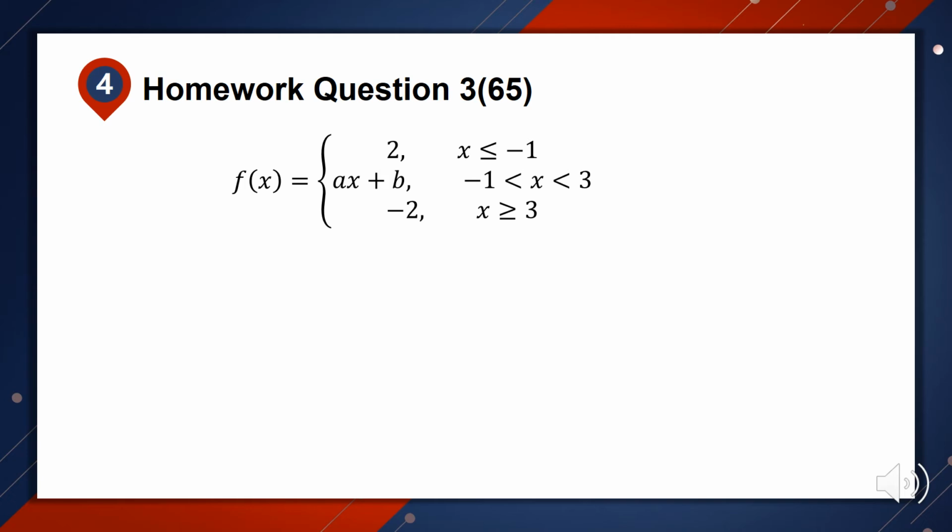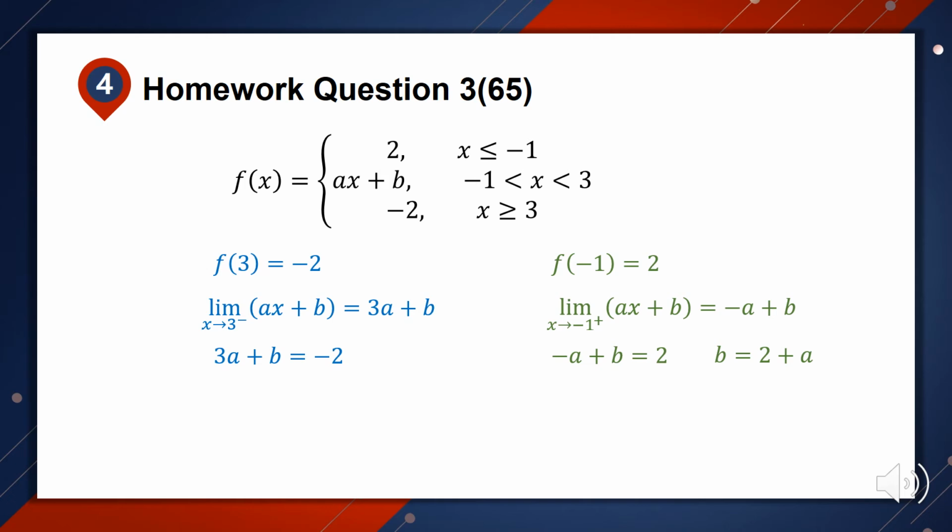And we can get, when x is equal to 3, f of x equal to negative 2, and the limit as x goes to 3 of ax plus b is equal to 3a plus b. Then 3a plus b is negative 2.